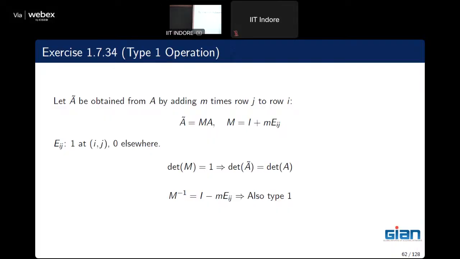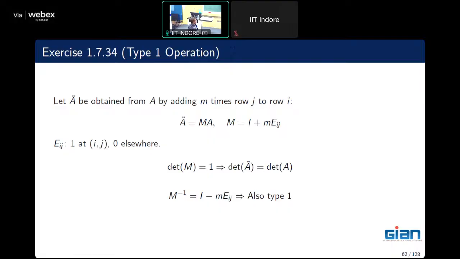So likewise, any matrix you can multiply with m, the multiplier, and this is I plus m_ij E_ij. I is the identity matrix of the same size, n by n, and m is the multiplier, and E_ij has 1 in the (i, j) place and the rest of the matrix will be 0. And you will get the elementary matrix.